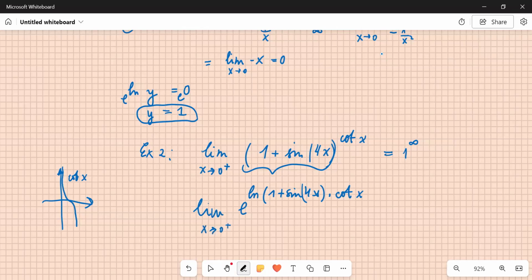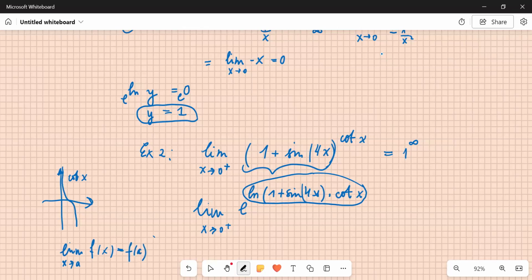Okay. I'm going to bring the limit to the top of the exponential function. Why can we do this? Because the exponential function is continuous. So the limit of the function is actually just a number which you get by substituting the limit of the argument. Remember, for a continuous function, the limit of f of x as x approaches a is just f of a.